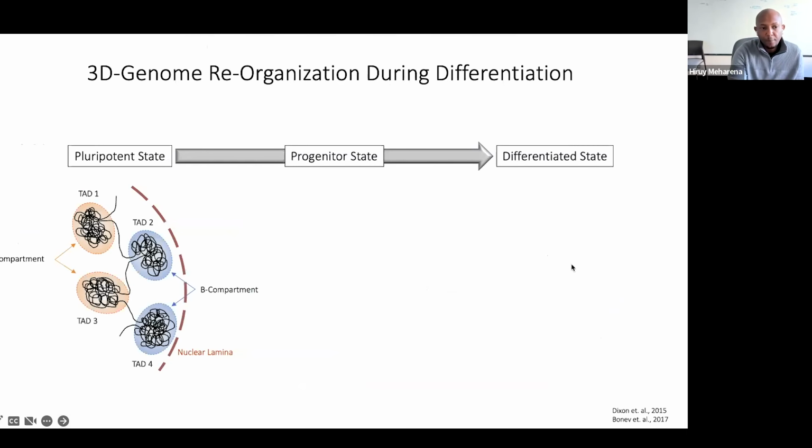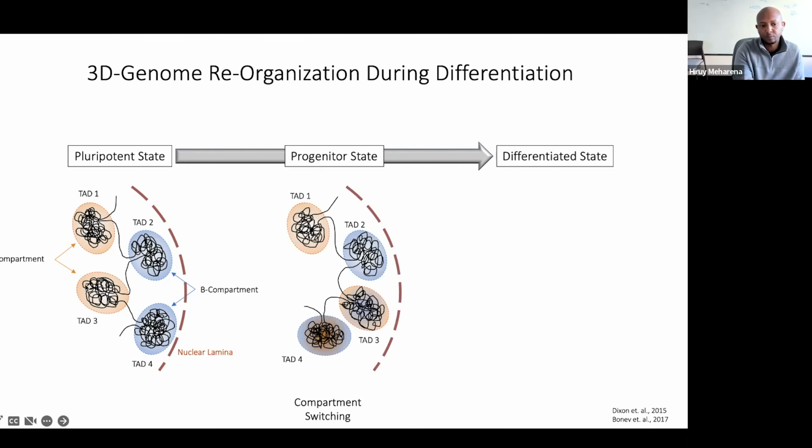One of the interesting things that happens during differentiation or development is as we go from, let's say, a pluripotent stem cell state, the early cells that are found in embryogenesis. If we were to have two topologically associating domains in the B compartment and two topologically associating domains in the A compartment, what we find is that as we transition from the pluripotent to the progenitor state, we observe some compartment switching, and this is not complete compartment switching, where we observe topologically associating domains switching from the B towards the A and others going in the opposite direction.